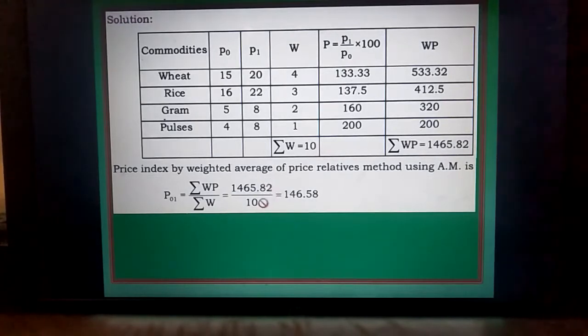After calculation of this, we will come across 146.58, which is nothing but a 46.58% increase in price level of commodities in the current year as compared to base year, based on the weighted average of price relatives method using arithmetic mean. This is how the interpretation goes.